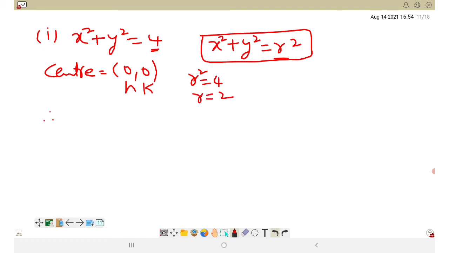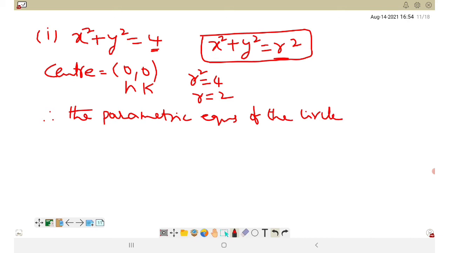Therefore the parametric equations of the circle have the formula x is equal to h plus r cos theta, comma y is equal to k plus r sin theta.